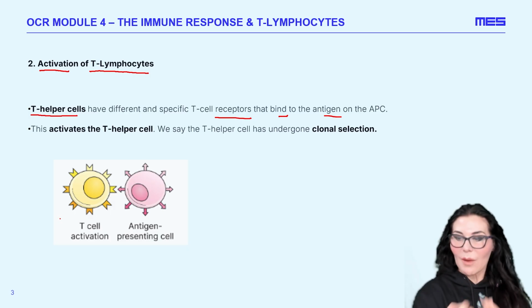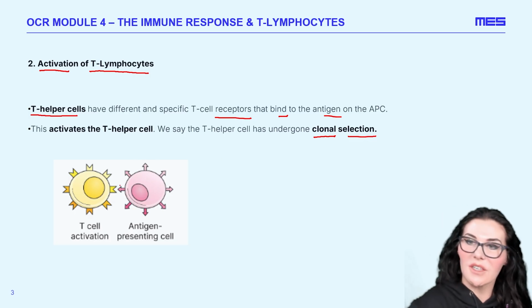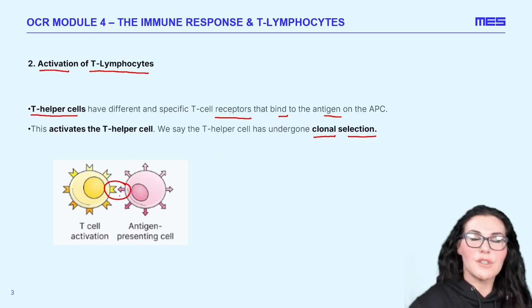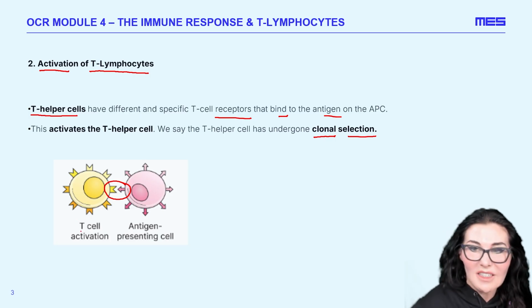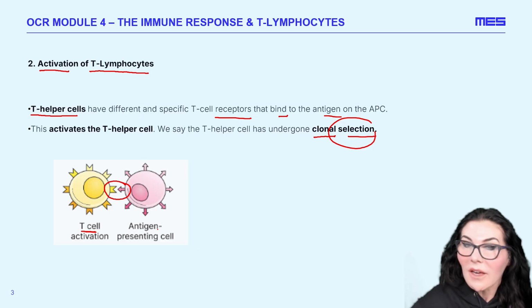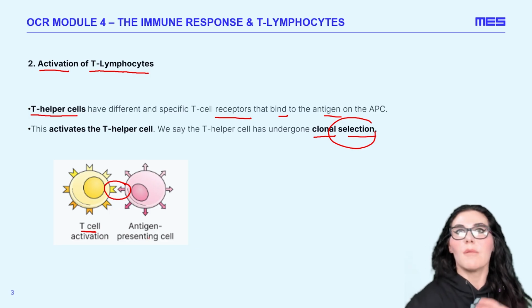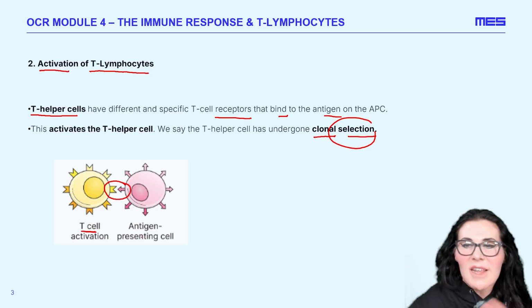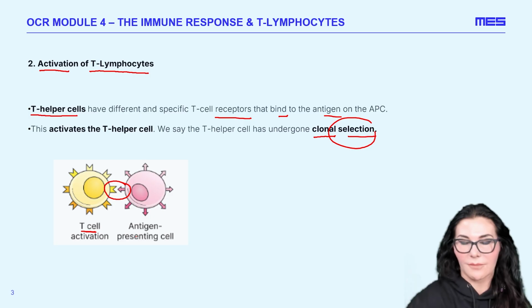And we described this process initially as being called clonal selection, because this binding means that that particular T cell with that particular shaped receptor is being selected for cloning, i.e. it's being selected to then undergo very rapid mitotic divisions and produce many copies of that same specific T helper cell.